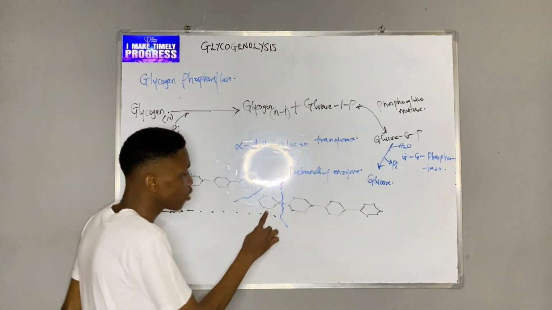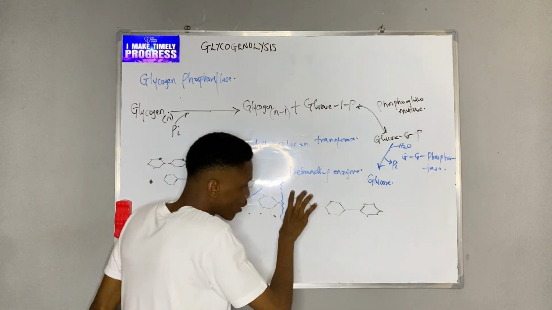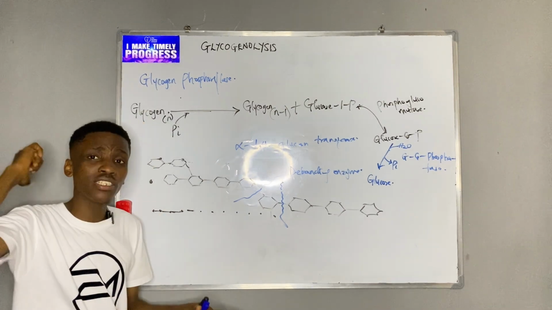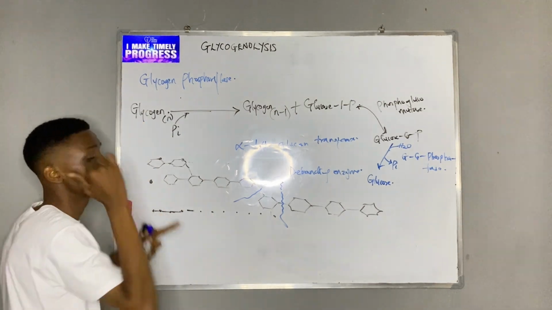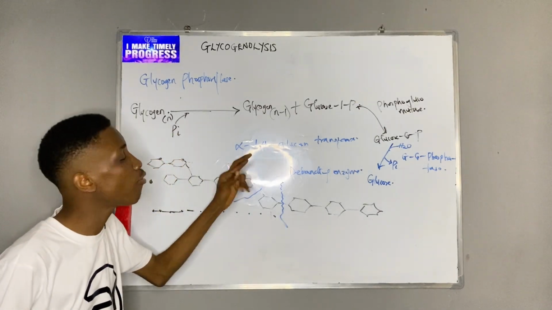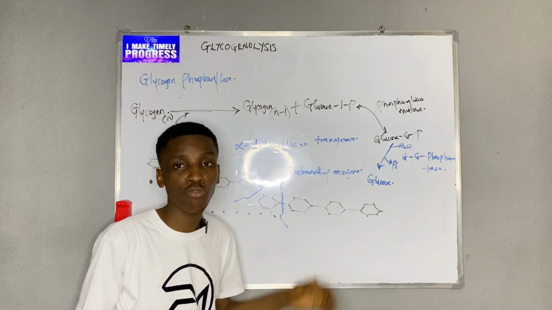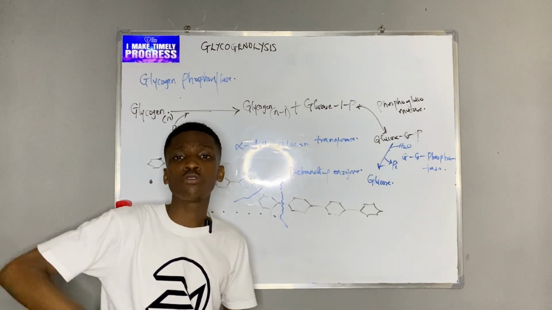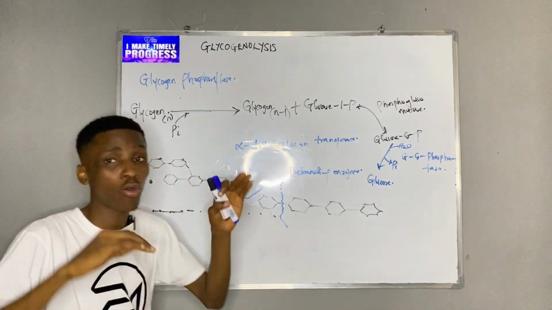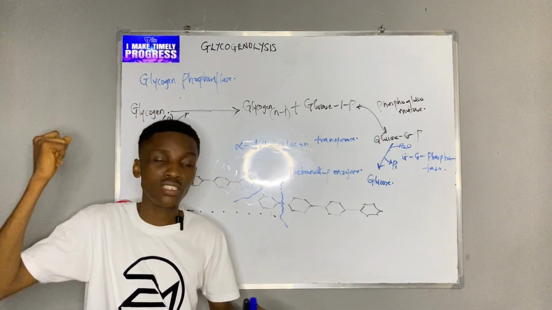It breaks an alpha 1,4 bond and transfers 3 glucose moieties to an already present chain to elongate it, forming another alpha 1,4 bond. That's why they call it alpha 1,4 to alpha 1,4. I'm splitting at an alpha 1,4 to transfer to somewhere I will still form alpha 1,4. That means this enzyme is doing elongation: cut and go and elongate somewhere else.